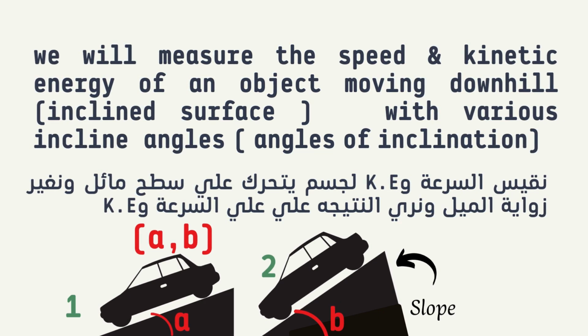Number 1 has the angle of inclination A, which is small as you see here, and figure 2 has the angle of inclination B, and as you see it is larger. So which of these cars will move with higher speed and more kinetic energy? Figure number 1 or figure number 2?